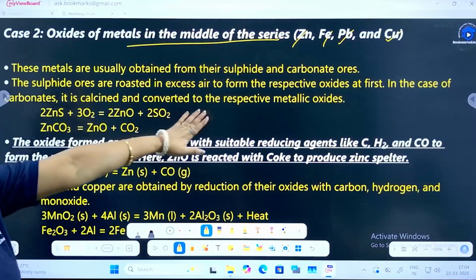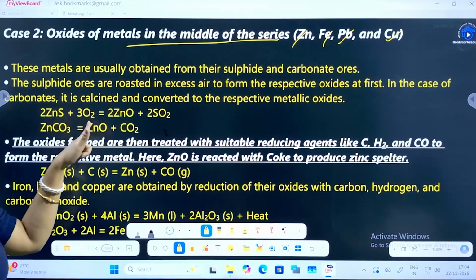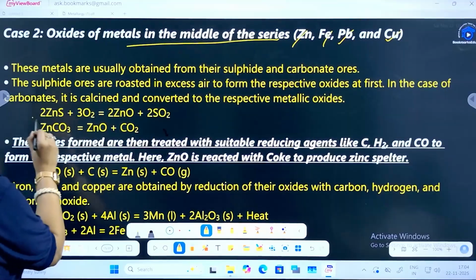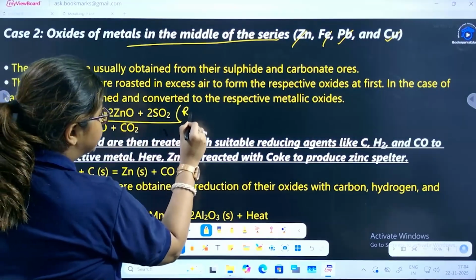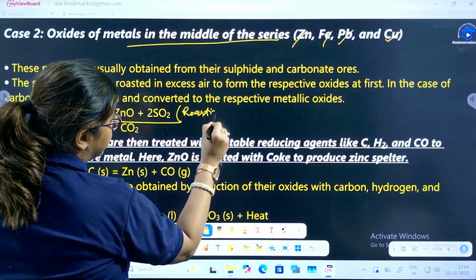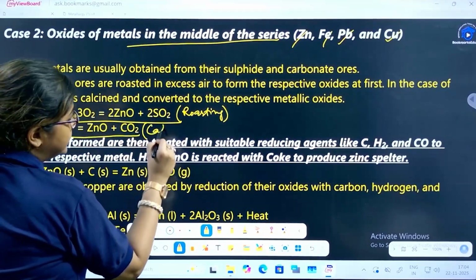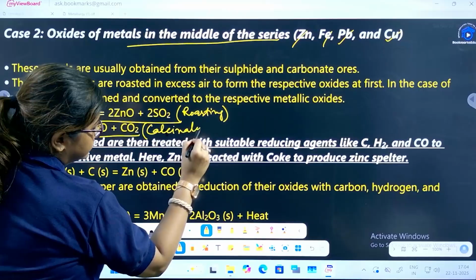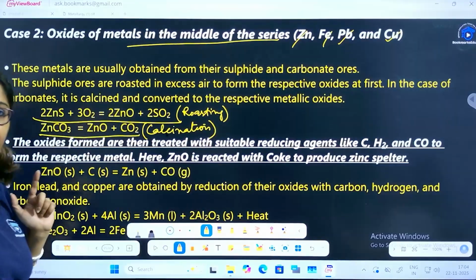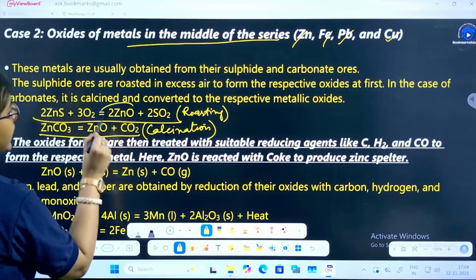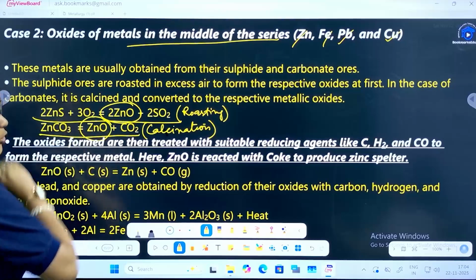Say for zinc oxide, I have zinc blende in excess of air; this is nothing but roasting. And when I take calamine, zinc carbonate, this process is calcination. So I convert them to the respective oxide ores.